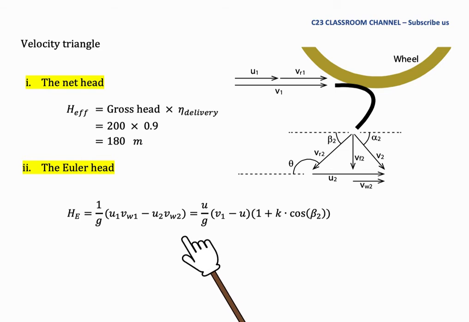And then we need to get the value of U, the value of V1 or V jet, and the value of K and the value of beta 2 to calculate the value of Euler head here.